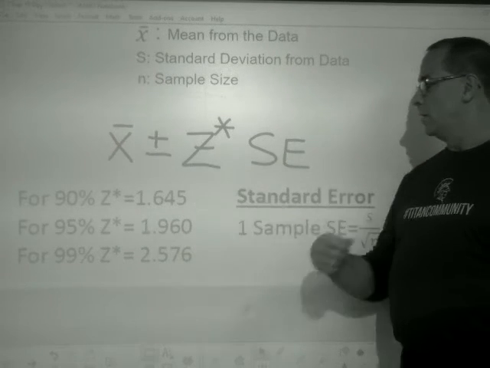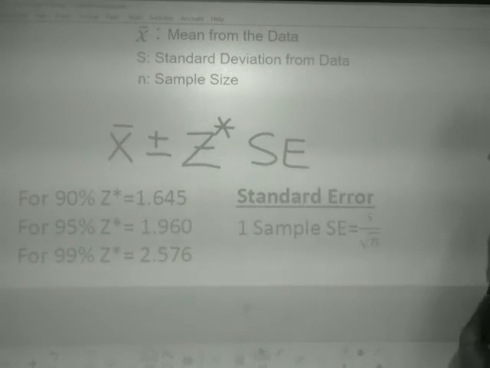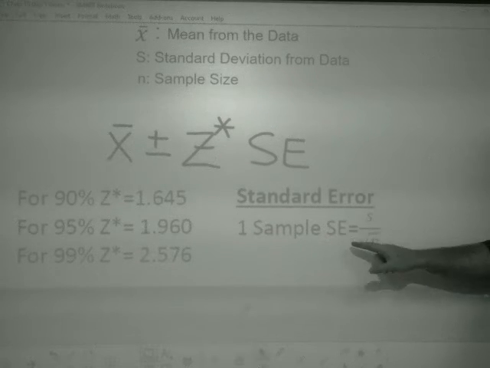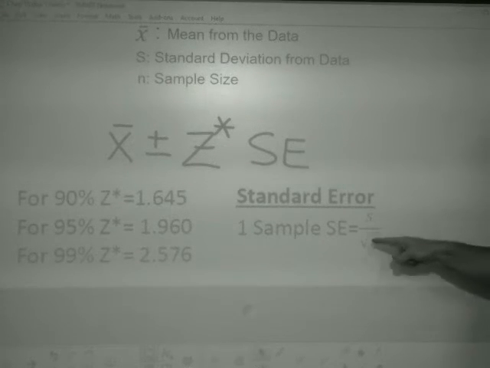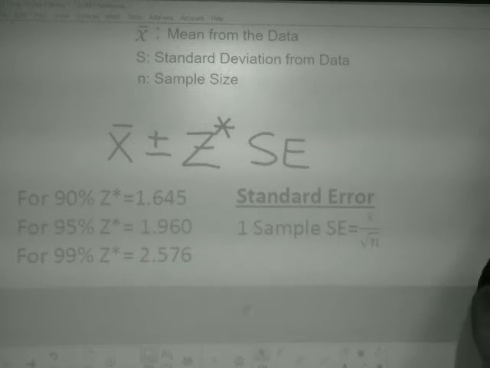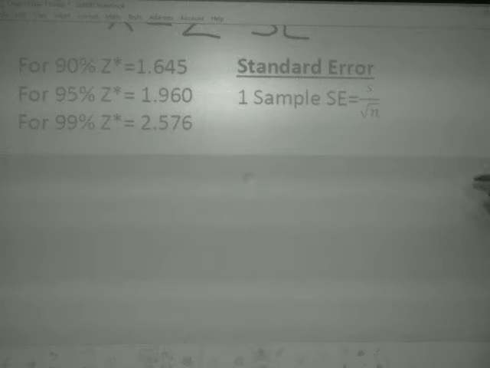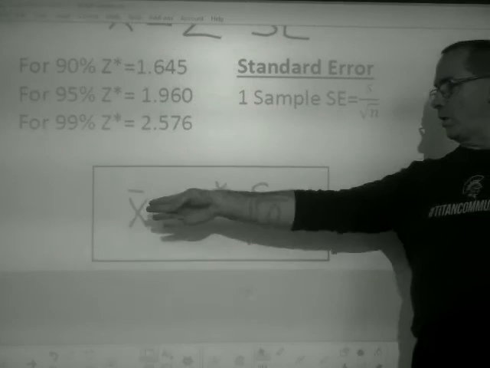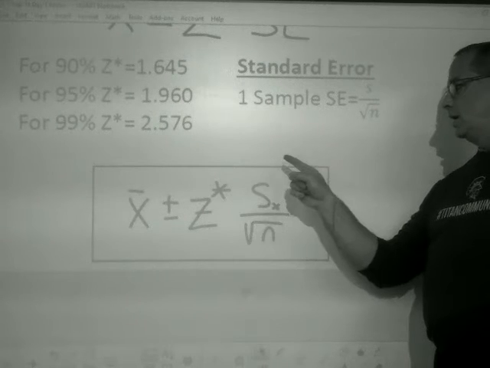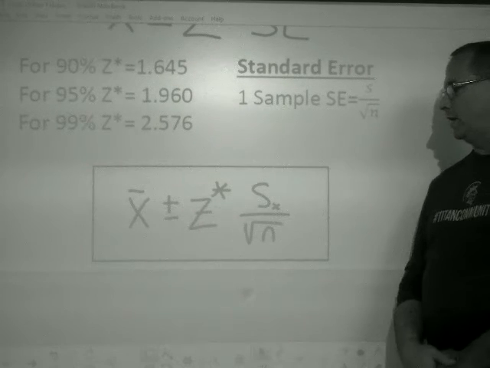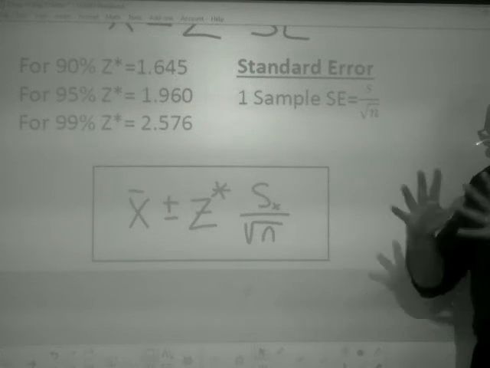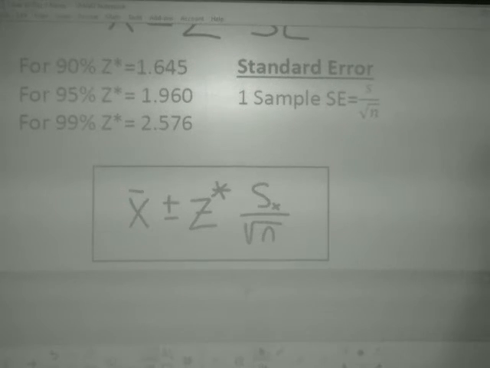For standard error, off the formula sheet as well, we use S over the square root of N, where S is the standard deviation from the data. So that formula turns into X bar plus or minus Z star times S over the square root of N. Sometimes you'll see a subscript X here, but it's still the same S. There's only one type of S that we deal with.